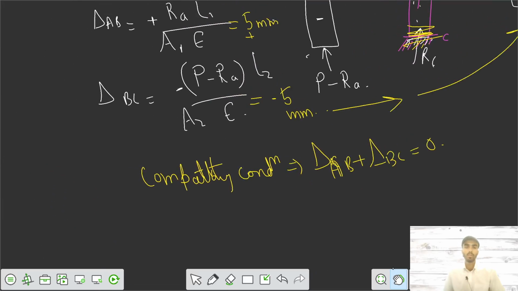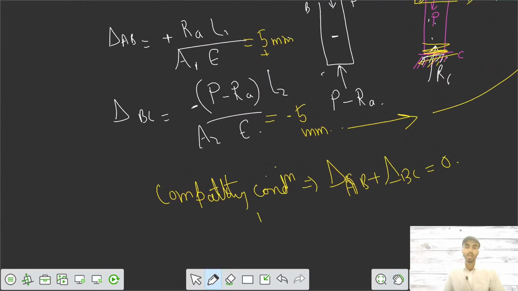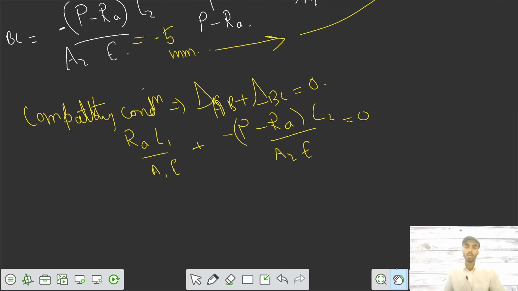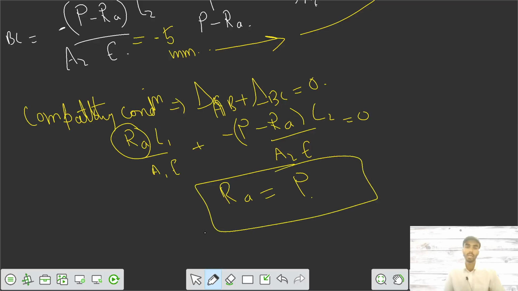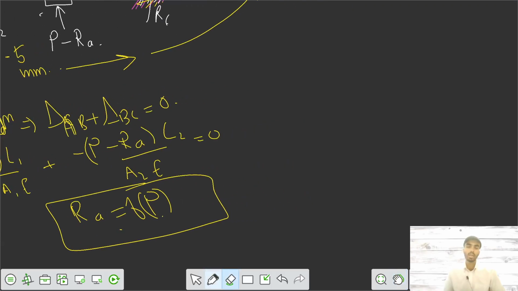Okay, then if we apply this condition, we can say RA L1 by A1E plus minus (P minus RA) L2 by A2E equals 0, and you have one unknown here, reaction A. You can get reaction A in terms of external load P. Once you have it as a function of P, and once you have reaction A, you can get reaction C. Reaction C equals P minus RA.